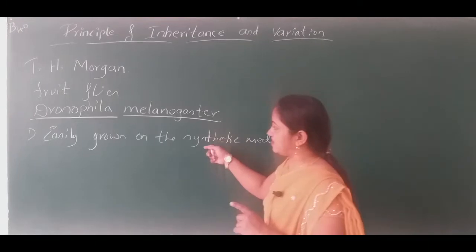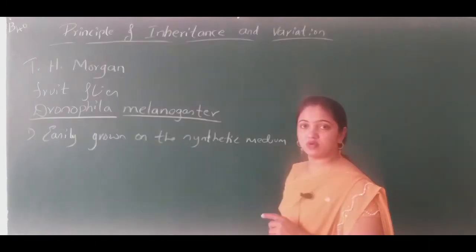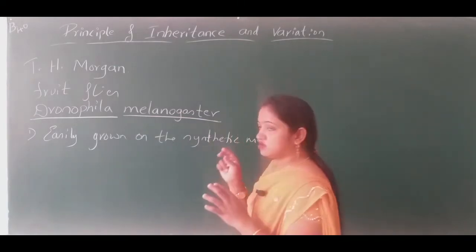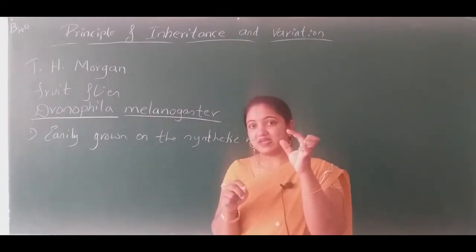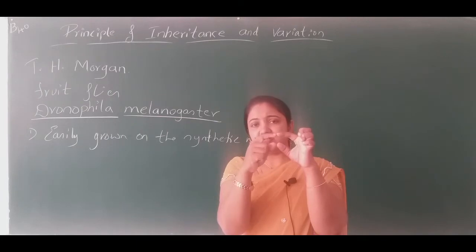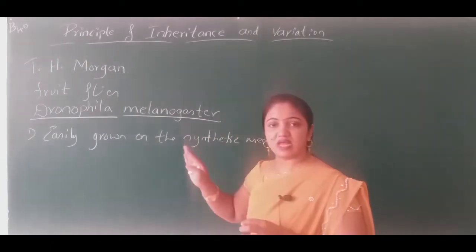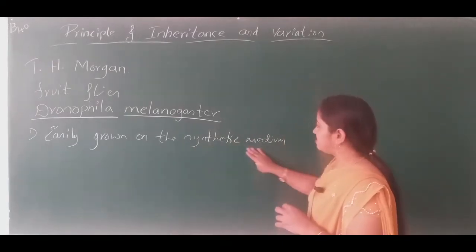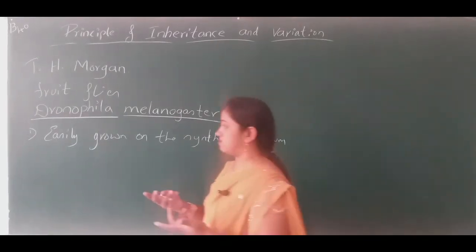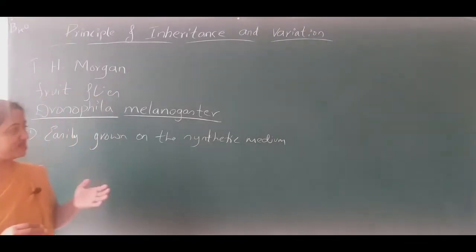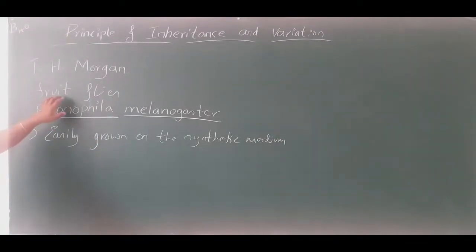Not only this one, we have a few more reasons for selecting Drosophila melanogaster. It's a fly, about this size. And those fruit flies are easily grown in laboratory conditions on a synthetic medium, using some sugar or that kind of medium.